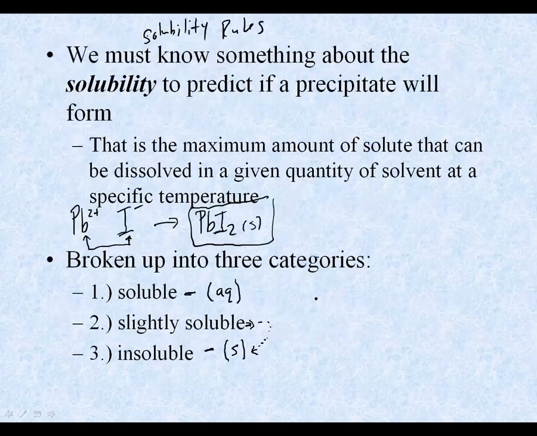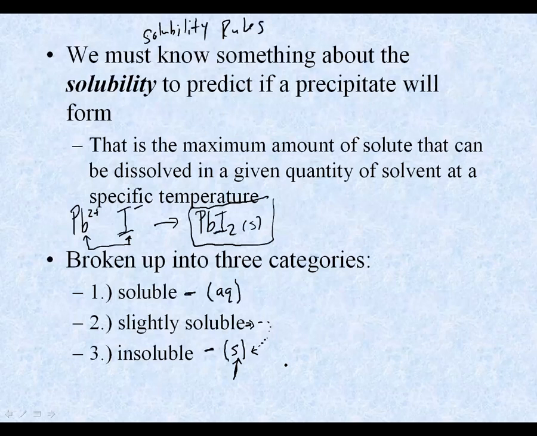I guess on some tables you may see SS written next to something, in a box in terms of solubility, and that would be slightly soluble. But like I said, in most cases, most people would consider the slightly soluble to be more like insoluble. So if you were to use it in an actual chemical equation where you're writing the formula and want to do the symbol, you probably would put S next to it for solid.